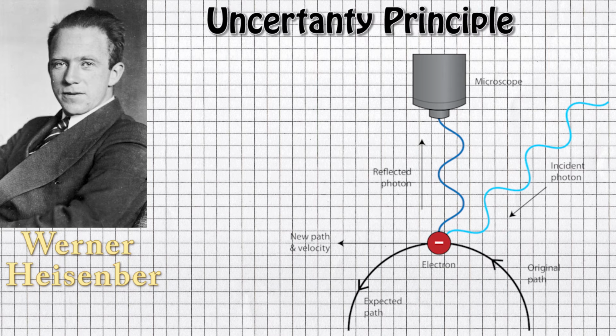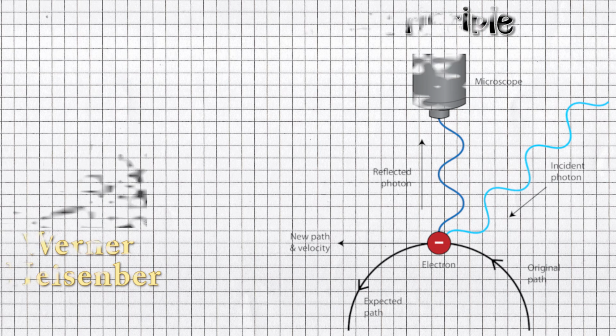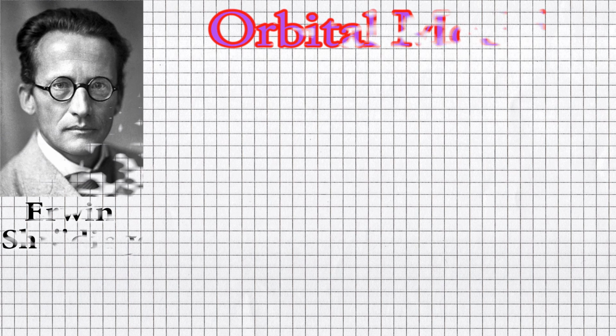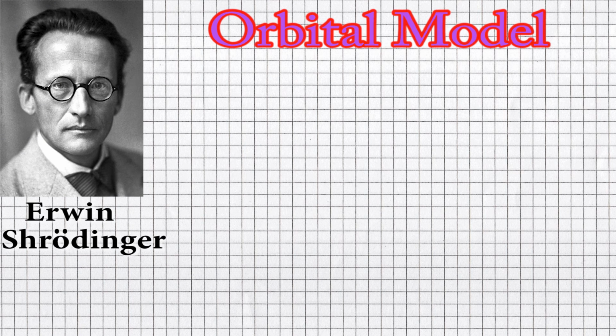In fact, this beam of light moves the electron from its original position and changes its speed, so you cannot in any way determine where or how fast the electron went, and this is the main problem of the atomic model of Bohr. After the uncertainty principle was stated, Erwin Schrodinger thought that the electrons were still there.